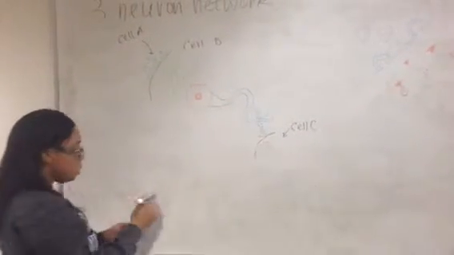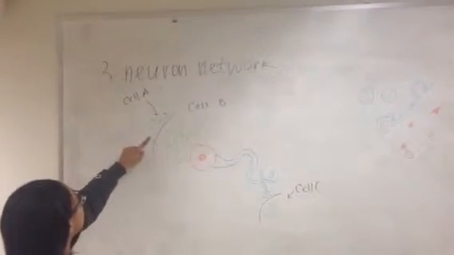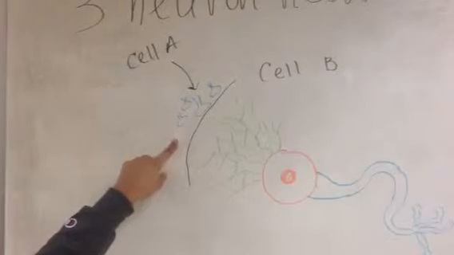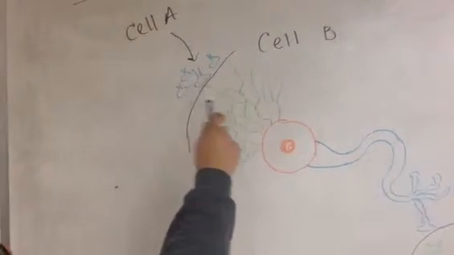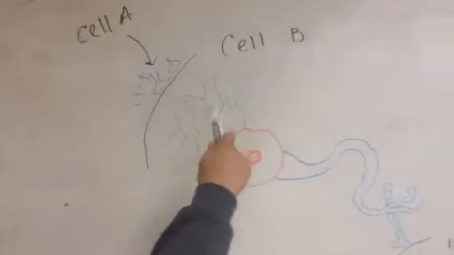cell C. So again, here's a 3 neuron network, and basically what I have here is that the terminal buttons act as the sending part of the neuron, and the dendrites will act as the receiving part.